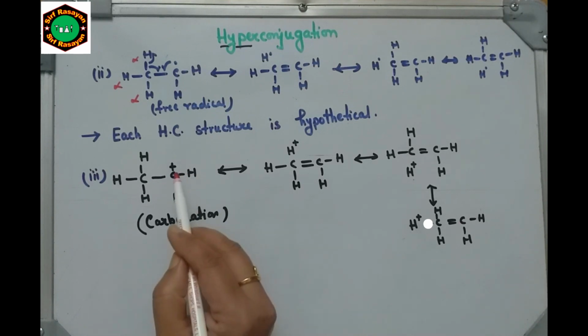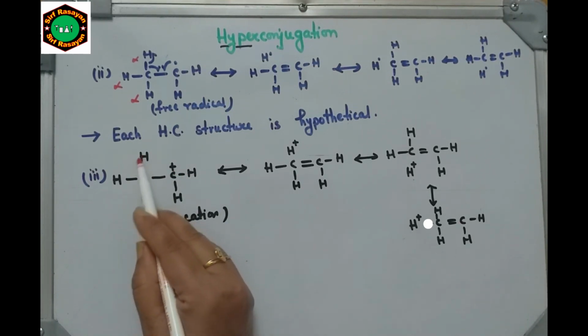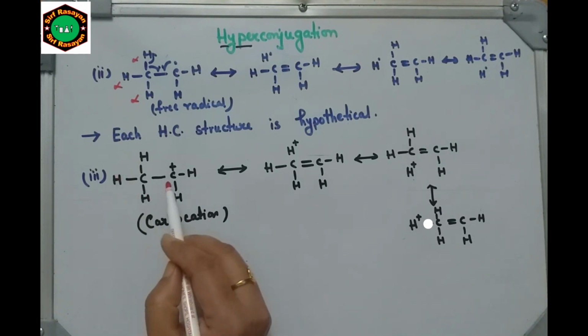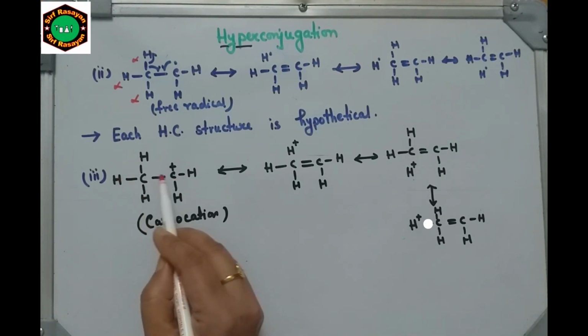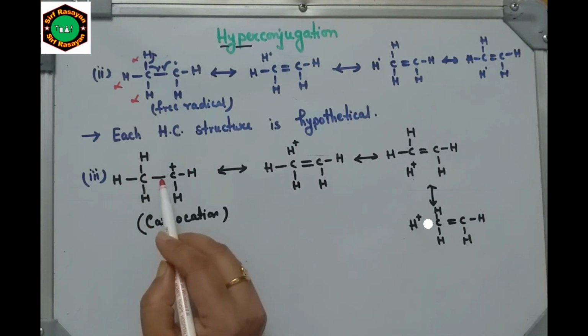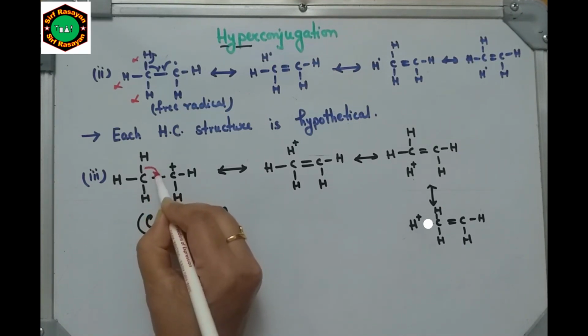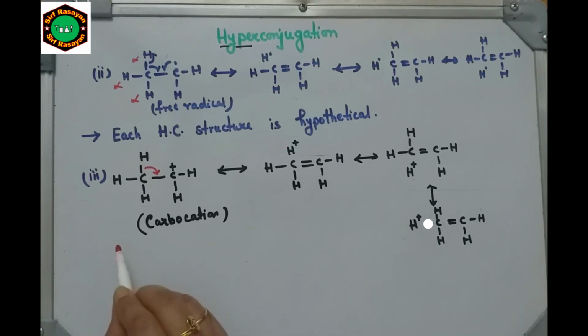Now see, with respect to the carbocation, this is the alpha carbon and these hydrogens are alpha hydrogens. So with respect to the carbocation, if an alpha hydrogen is there, then also hyperconjugation is possible. This bond will supply electron density here.